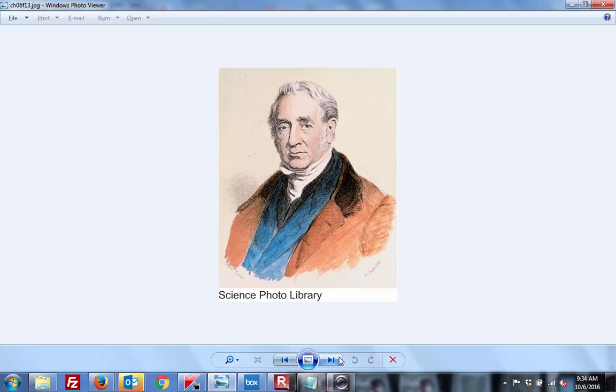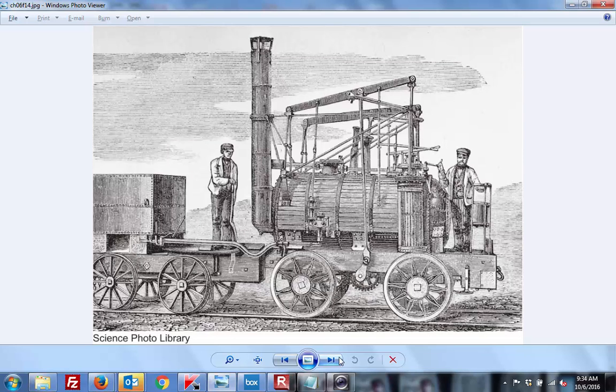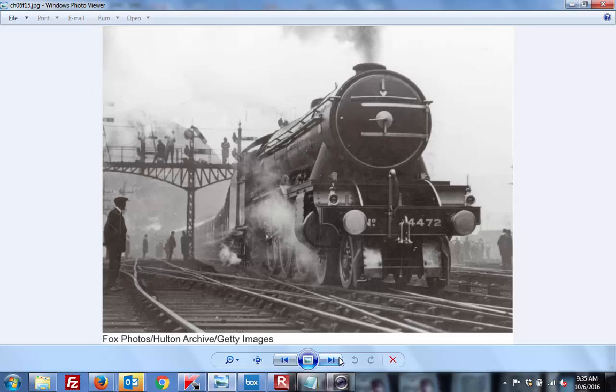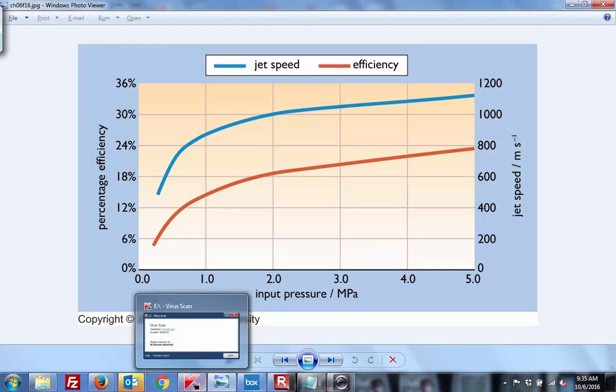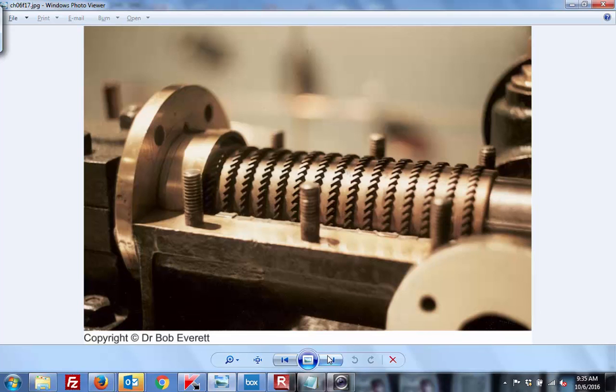Okay, and then we also looked at some of the very early steam engines. We talked a little bit about reciprocating engines, and now we're going to start talking about turbines. So 6.5 are steam turbines, and I'm just going to pop forward a few more files.